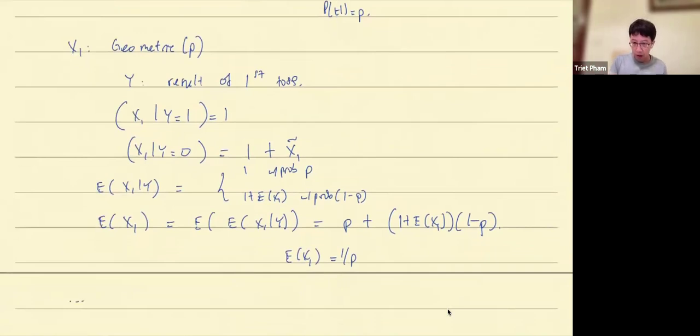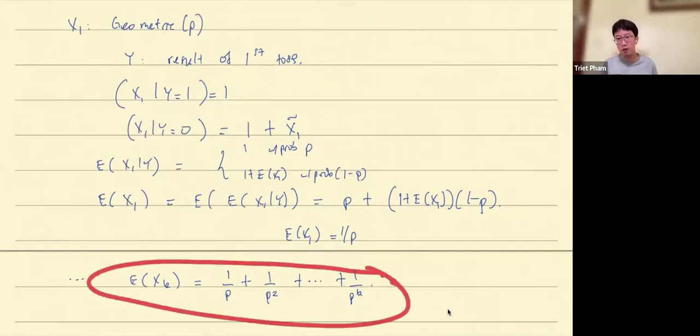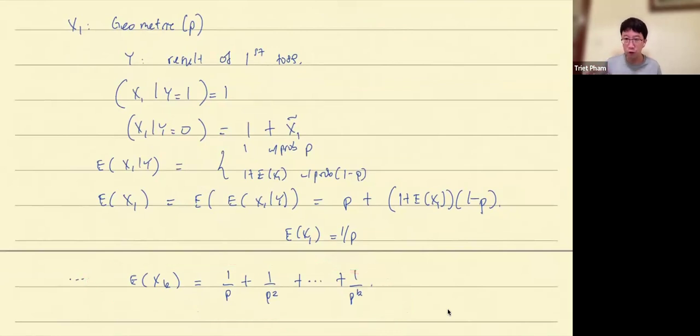We showed last time that if you work through it for several cases, you start to see that this guy is 1 over p, 1 over p squared, etc., 1 over p to the k. But notice that if you really do induction properly, then this is just a guess. This is a proposition. You need to prove the induction somehow.